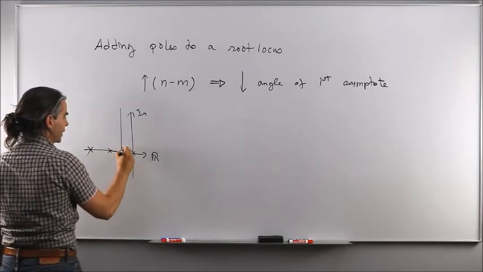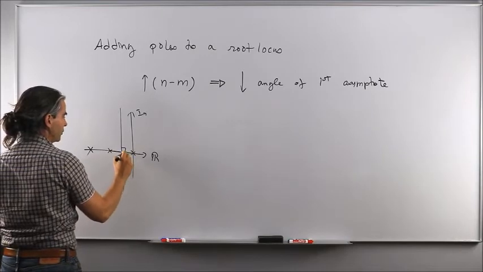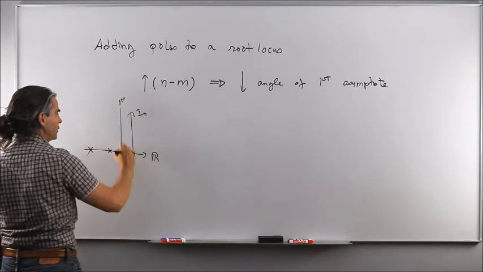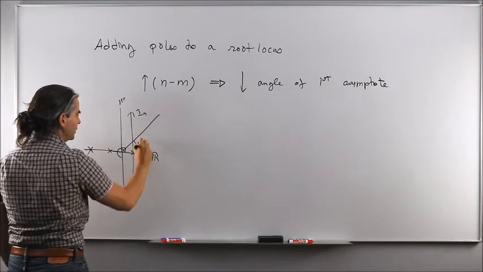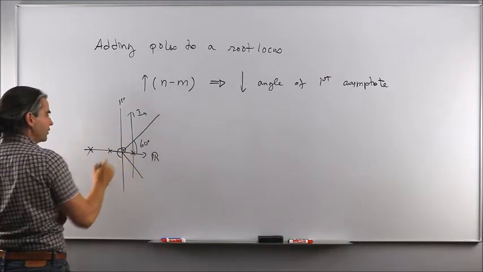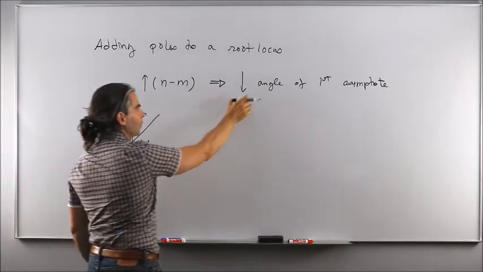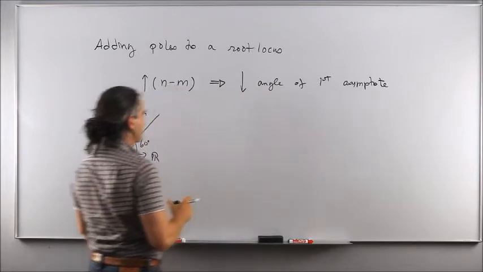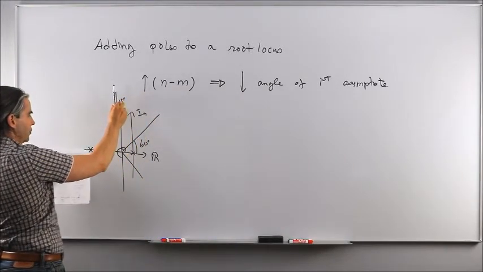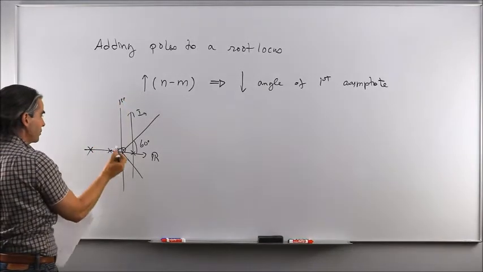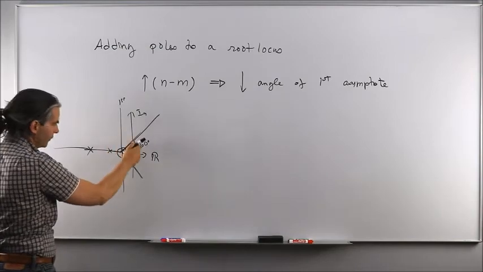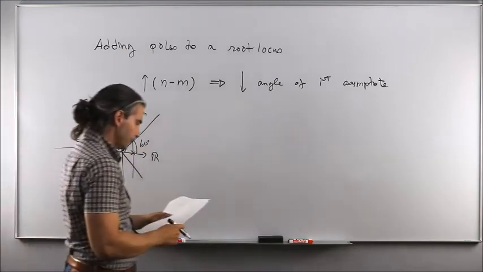So instead of being at pi over 2 and 3 pi over 2 in terms of angle, well, the first asymptote, that one, will end up at an angle of 60 degrees. So 60 degrees compared to 90 degrees originally, we have effectively lowered the angle of our first asymptote. First asymptote was shooting straight up. We've added a third pole. Now we end up with 3 asymptotes, 1, 2, 3, and the first one is at the lower angle.